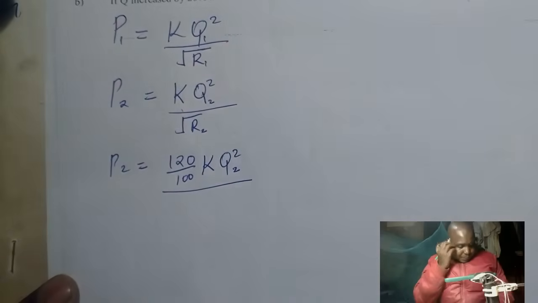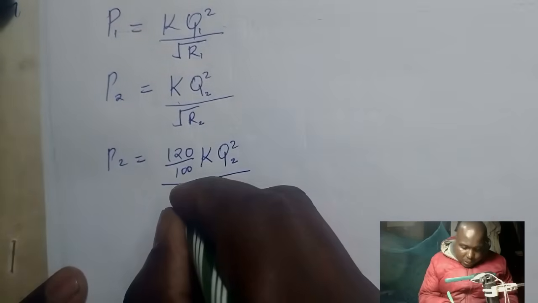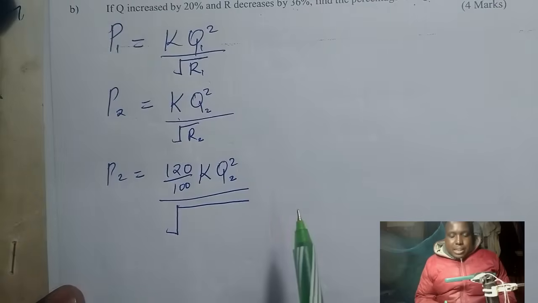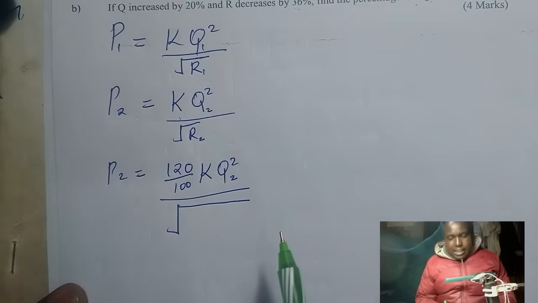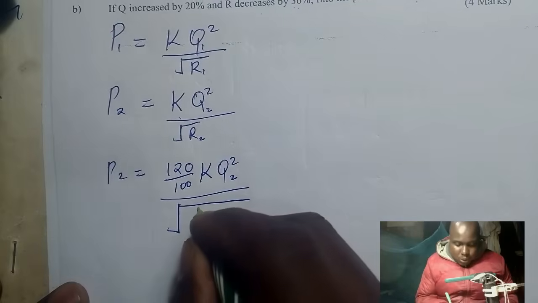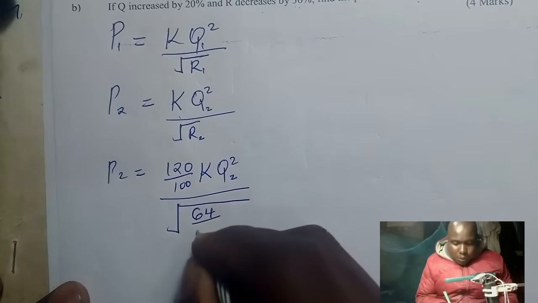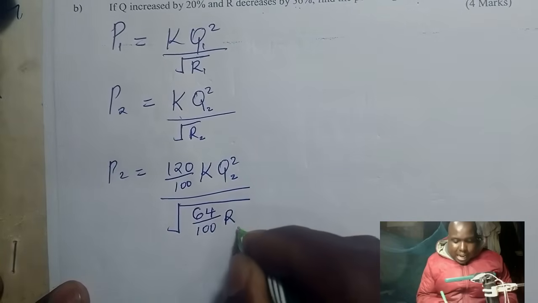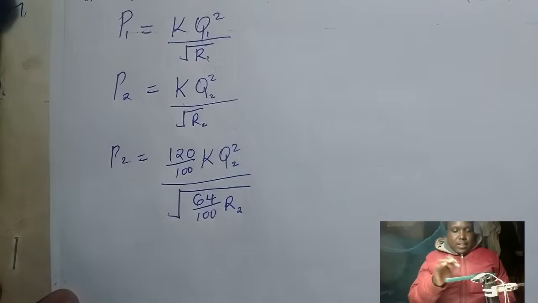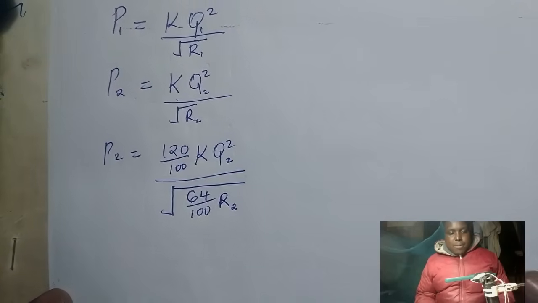We divide by the square root. This one was decreased by 36%. So when you decrease by 36%, that is 100 minus 36, that is 64 over 100. So we are going to have 64 over 100 R2. Yes, that's what we are going to have.